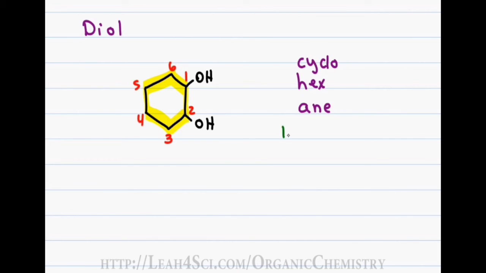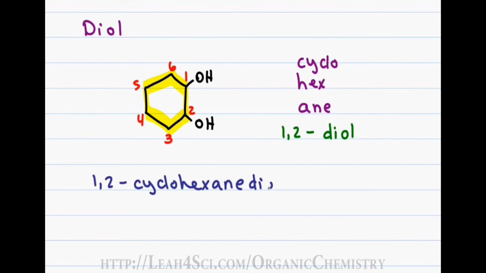I will write 1,2 to show which carbons the OH groups show up on, and then I will put di in front of the -ol to show that I have 2 alcohols. Putting the name together, I get 1,2-cyclohexanediol. Notice that I did not drop my e in this case, given that I have the consonant d in between 2 vowels.